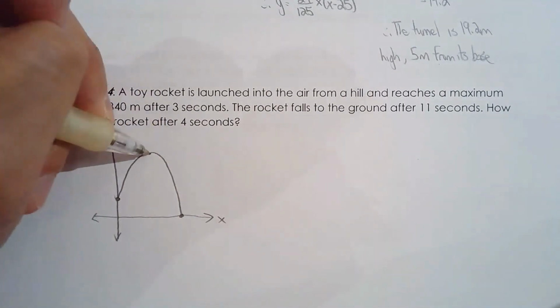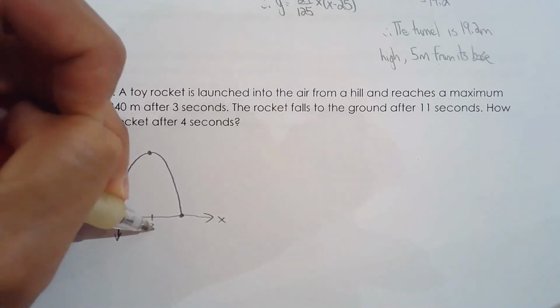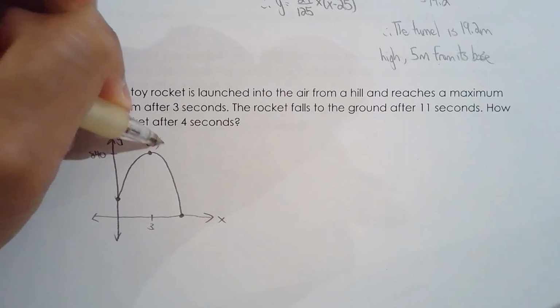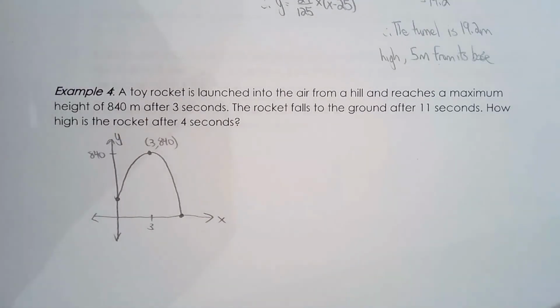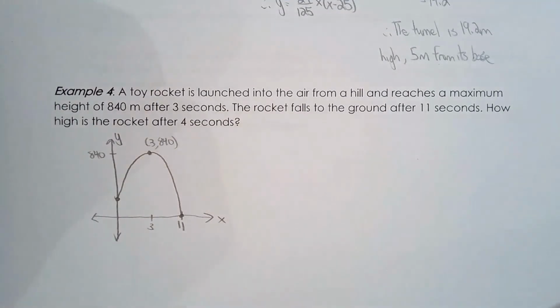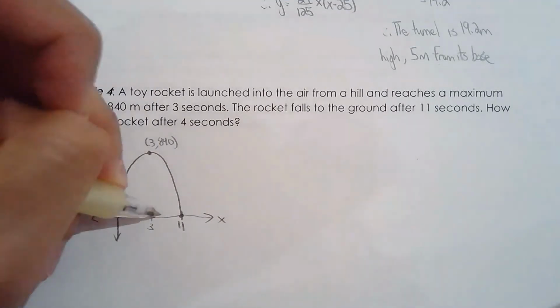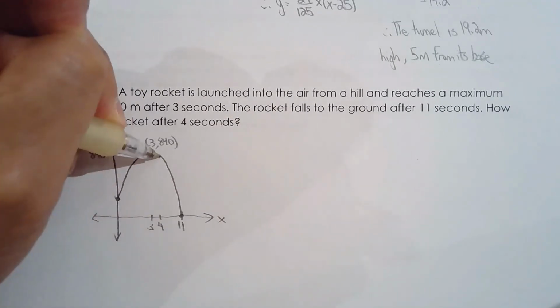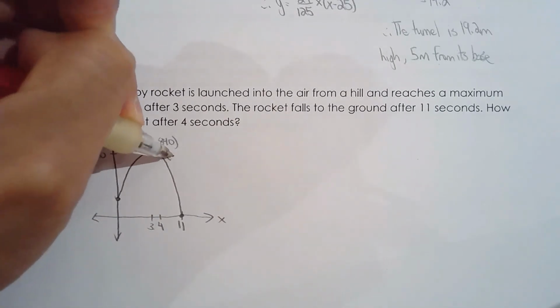So after 3 seconds, you reach a maximum height of 840 meters. So guess what? Your vertex is 840. It falls to the ground after 11 seconds. How high is the rocket after 4 seconds? So let's say this is 4 here. This is the point that I'm looking at.